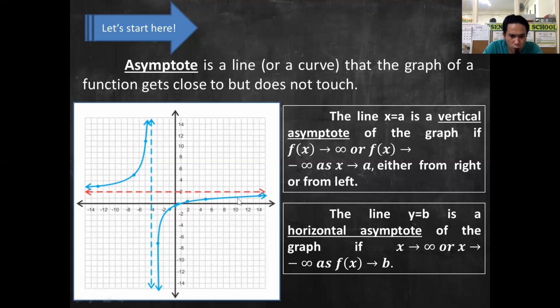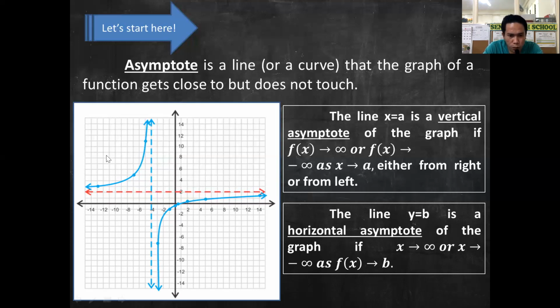Kung napapansin nyo yung graph dito, yung value ng ating x dyan approaches positive infinity. Kapag tinuloy-tuloy mo yan, it will go to positive infinity, our x. Samantalang dito sa kabila naman, our x here is approaching negative infinity, papunta sa kaliwa, as our f of x approaches b.